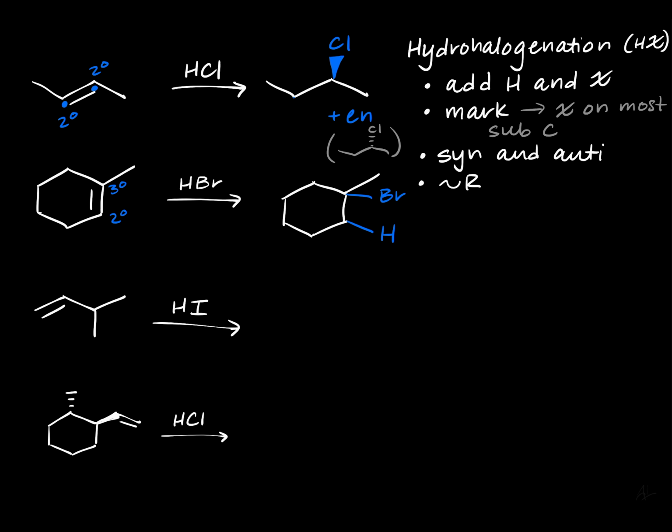Wow, we've gotten this far. Now, the next thing I need to do is figure out, I don't need to draw in carbon-hydrogen bonds, so I can get rid of that. Now, the next question is, do I have a chiral center? And this one's a bit tricky for a lot of students, so let's take our time through it. Do I have a new chiral center?